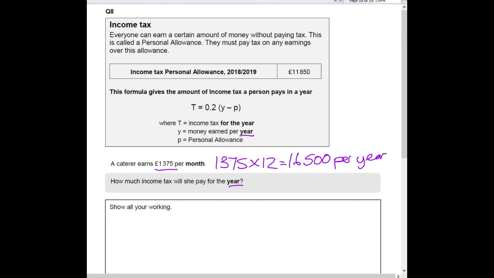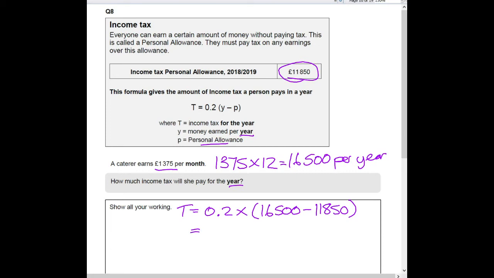So now we can put the numbers into our formula, where the amount of tax to be paid is 0.2 times, and then inside the brackets, Y is the money earned per year, which is 16,500. Take away our personal allowance, which we have here, 11850, and then we close the brackets.